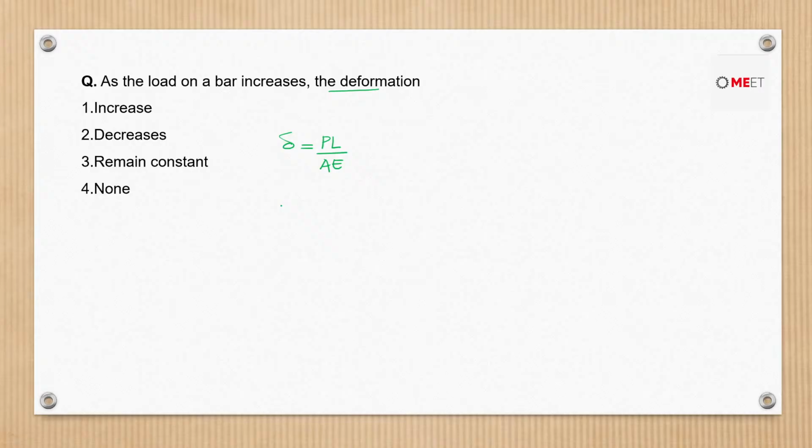From here you can say delta is the deformation or elongation produced, and that is proportional to P. So as P increases, delta also increases. That means with the increase in load, deformation also increases. So option A, or option 1, is the answer.